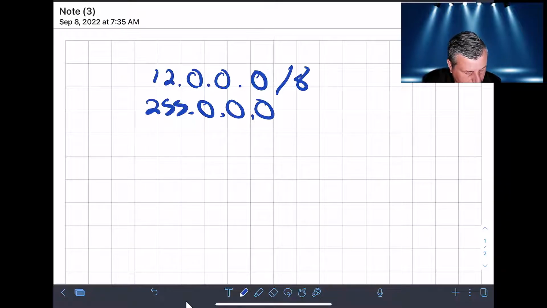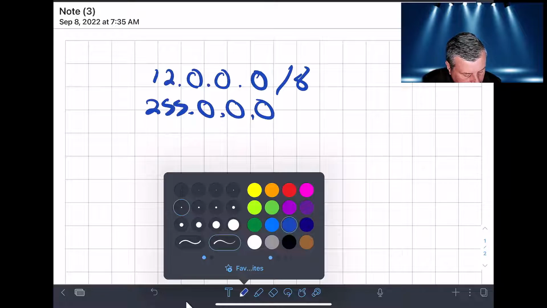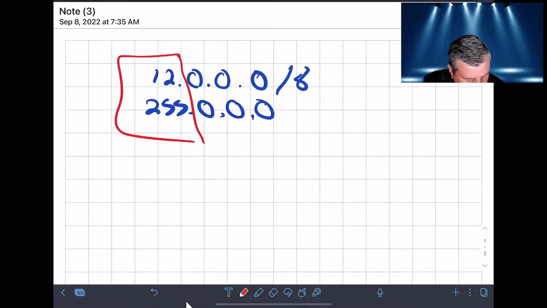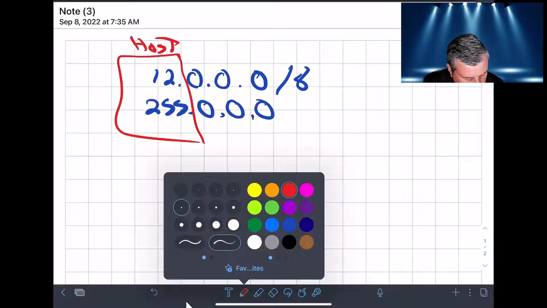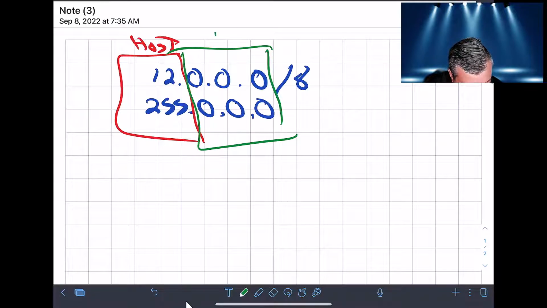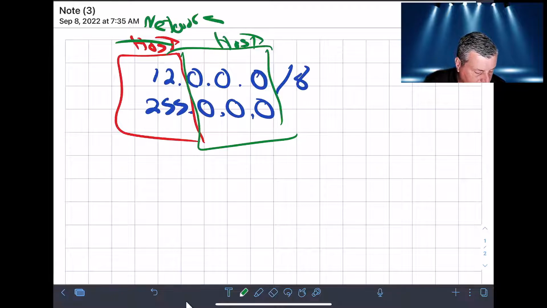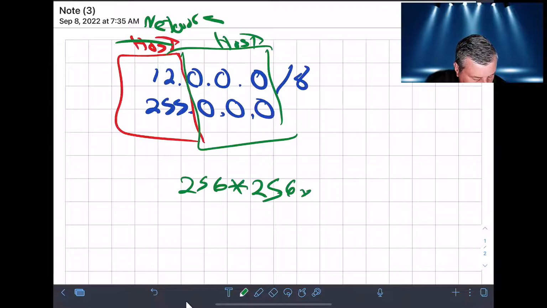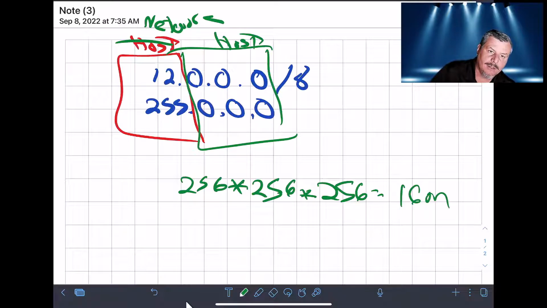So when we look at this, the 255 means that is our network, and the rest is the host. How do we get 16 million? Again, 256 times 256 times 256 equals 16 million some change.